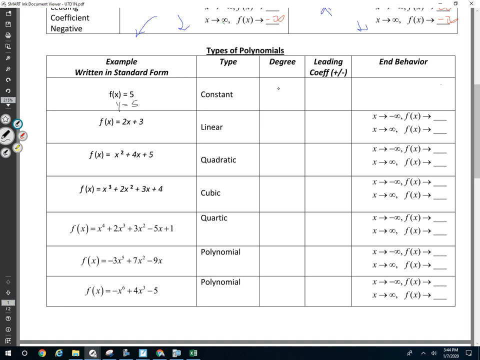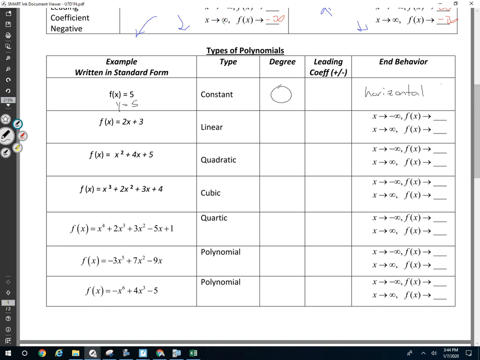We'd say this degree is 0, and the end behavior is horizontal. Okay? That's not really a polynomial, so don't worry about that. Y equals a number is just a horizontal line.